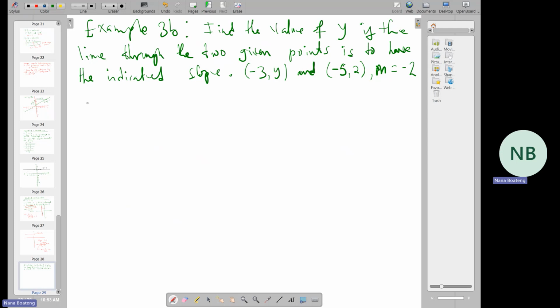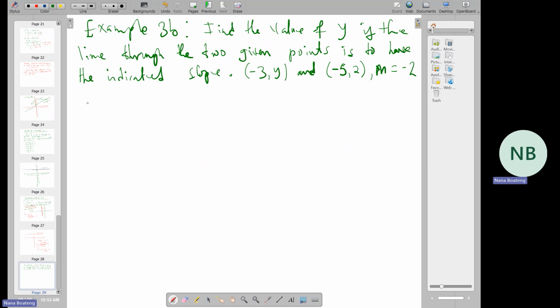So y2 is this point here, x2 is this point, y1 is this point, and x1 is this point. So this is equal to y2, which is 2, minus y1, which is y, divided by x2, which is negative 5, minus x1, which is negative 3.